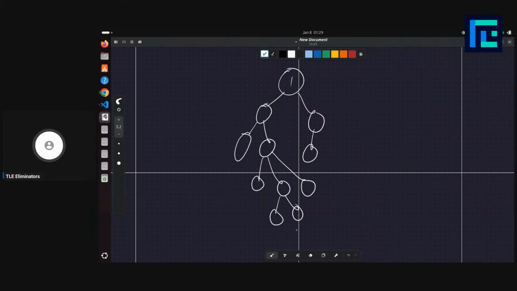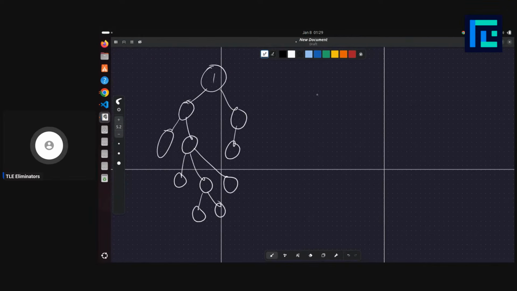So I have this tree, and I want to basically color all of this black using the operations. So let's say that for my implementation, I maintain an array.